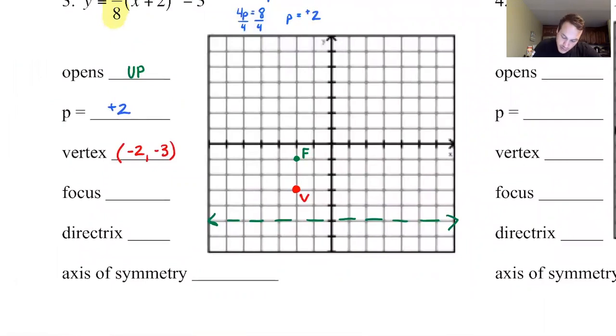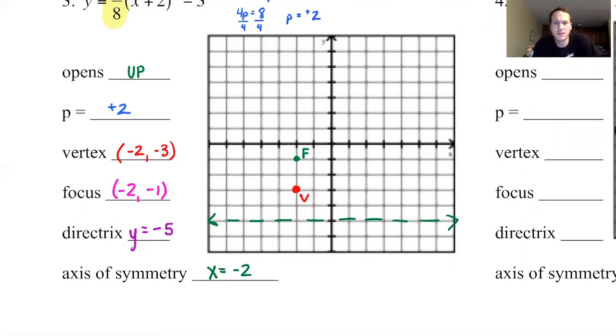My focus is now at the point, remember, it has the same x value. That's the point -1 though. My directrix, we said, is a line. It's always a y equals line, and it's going to be y equals 1, 2, 3, 4, 5. So -5. And the axis of symmetry, that's an x equals, and it's whatever the x value of my vertex and focus are.